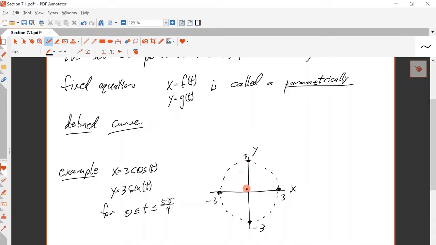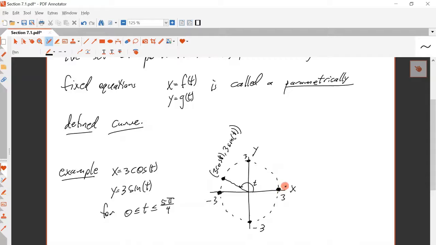So now if you take any angle, t, measured in the counterclockwise direction from the positive x-axis, then this point right here, by the definition of sine and cosine, is the point 3 cosine t, 3 sine t.